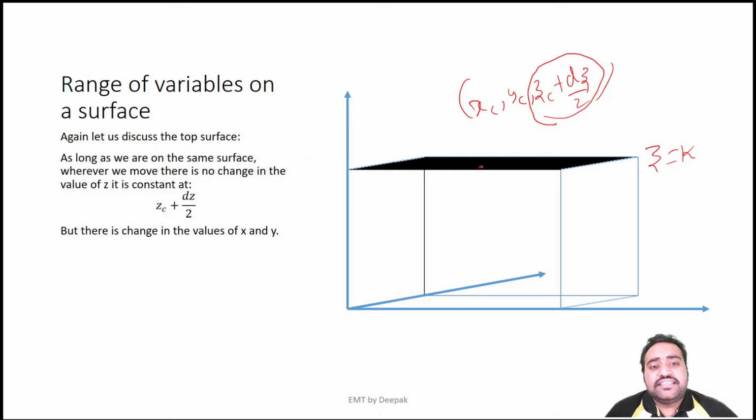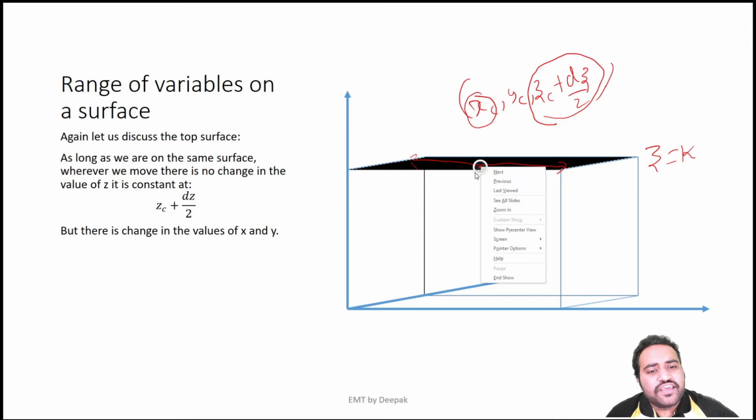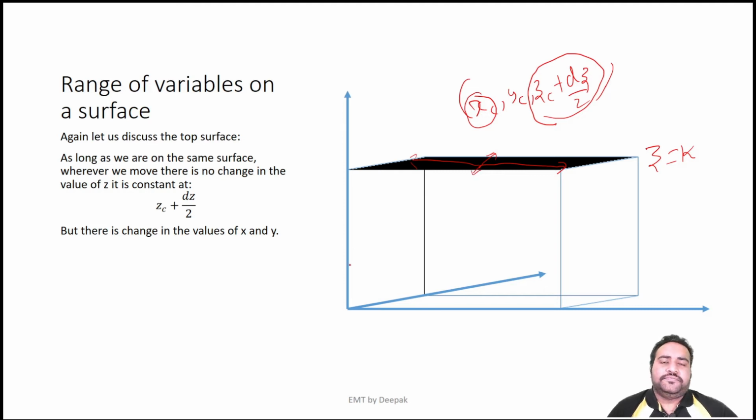Now, the center of the change is xc, but what is the lowest possible x value and what is the highest possible x value for the given surface? Similarly, what is the lowest possible y value and what is the highest possible y value at the top? To understand that, let us look at the dimensions of this cuboid.